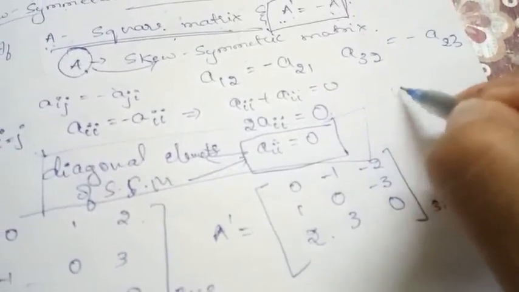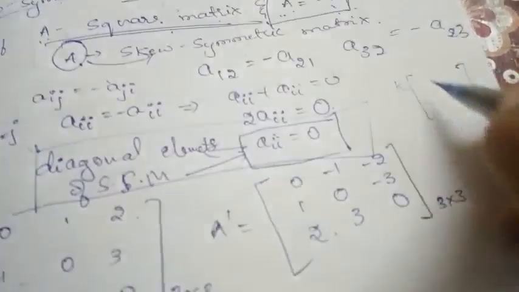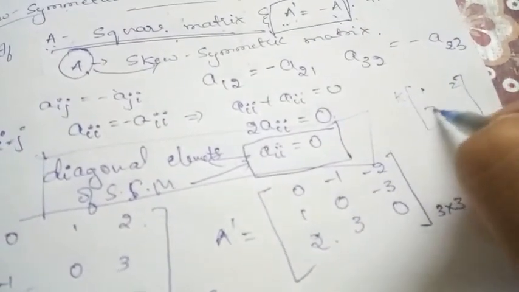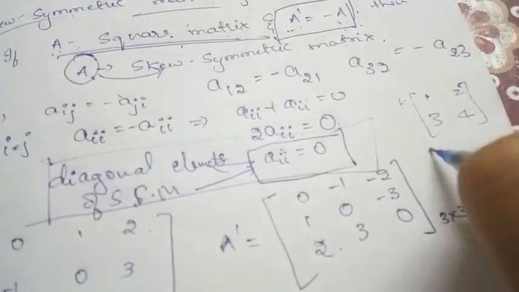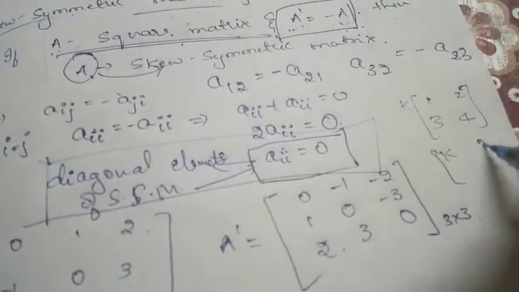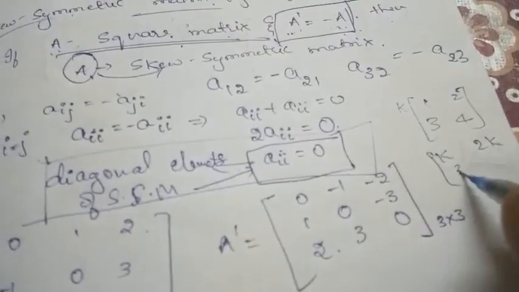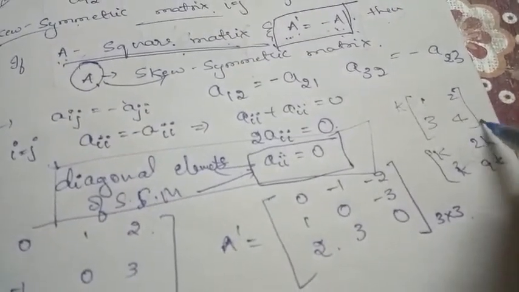Till now you have come across multiplying a scalar to a given matrix, right? If k is multiplied, then that k is multiplied to each and every element of the given matrix. This one you have come across till now.